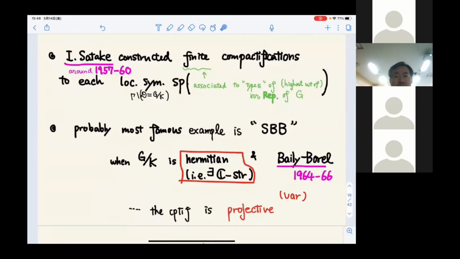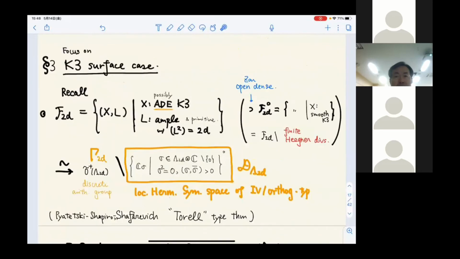On the other hand, Satake constructed finitely many compactifications for each locally symmetric space like this.